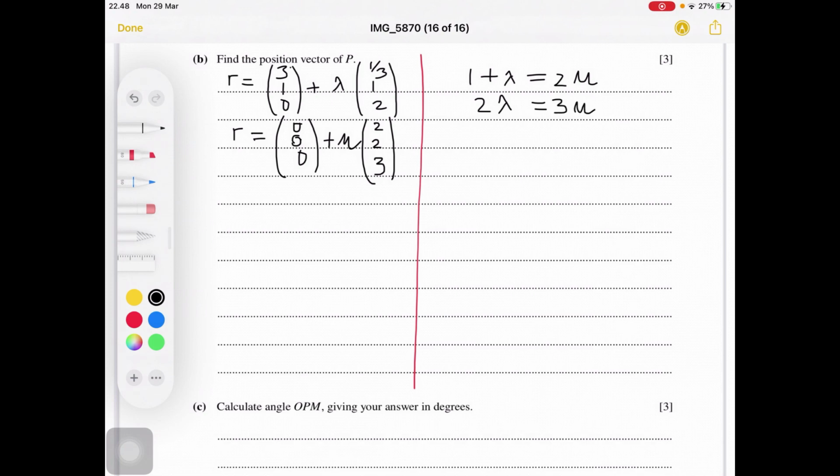Solving these two equations simultaneously, we will be able to find that the value of lambda is equal to 3, and the value of mu is equal to 2. And finally, the position vector of P, which is OP, is (4, 4, 6).